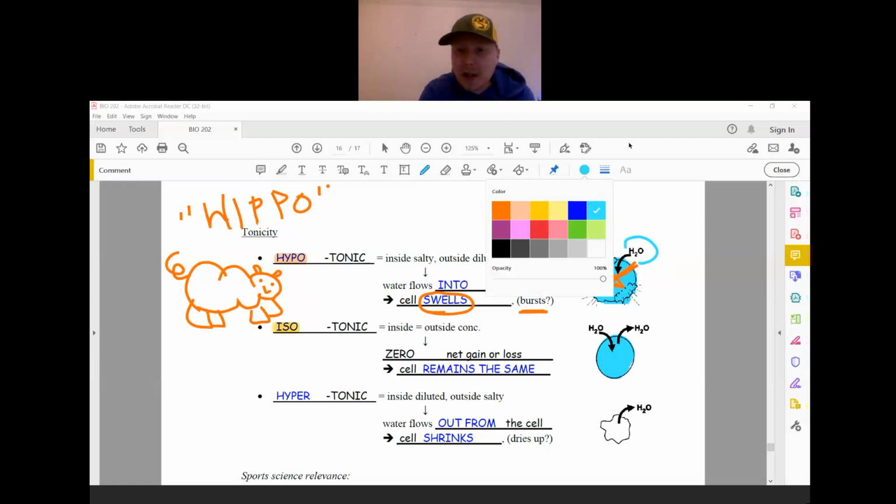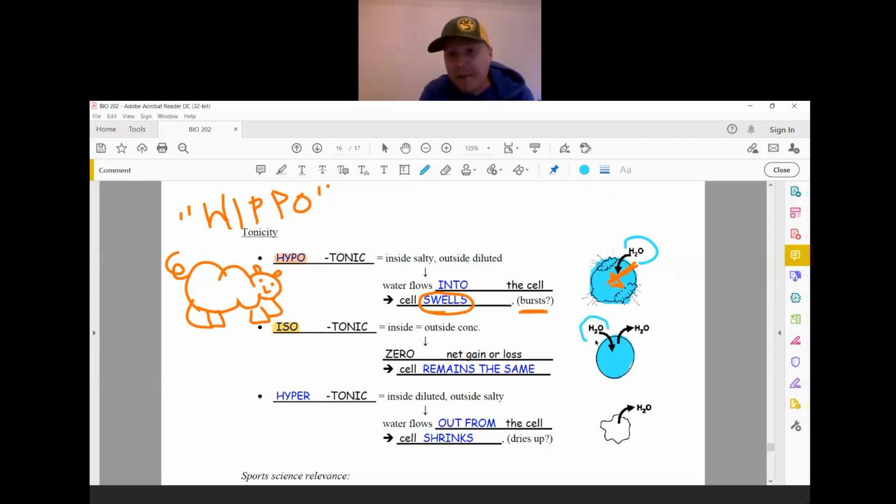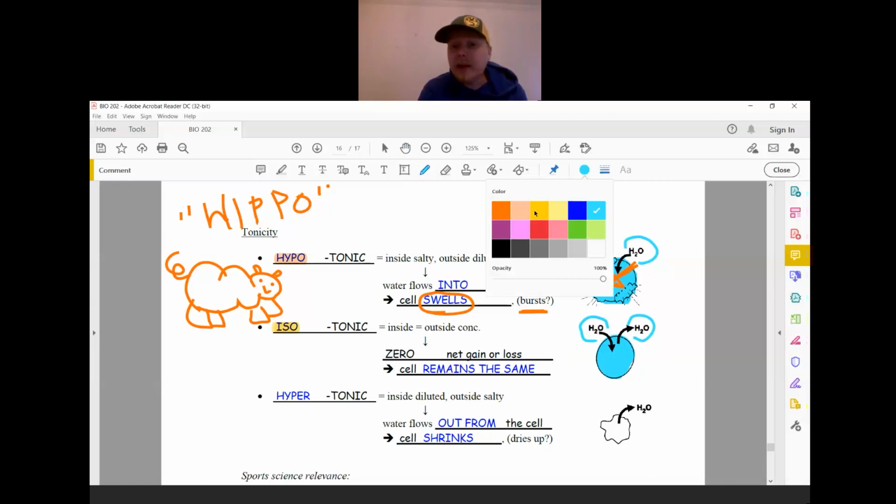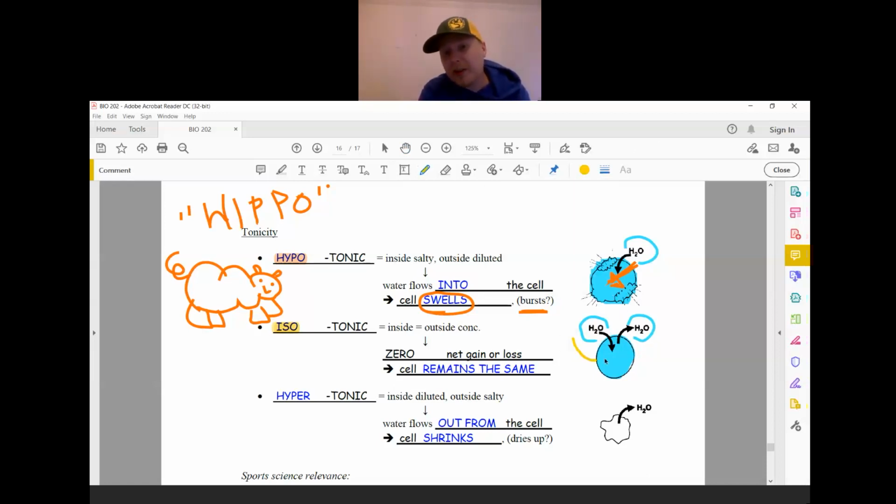So as a result, some amount of water will move into the cell, but an equal amount of water will also leave the cell. So in total, there's zero net gain or net loss. So the cell's size remains the same.